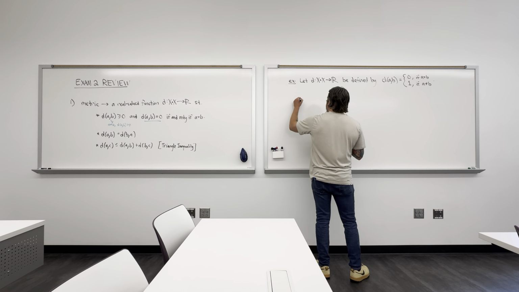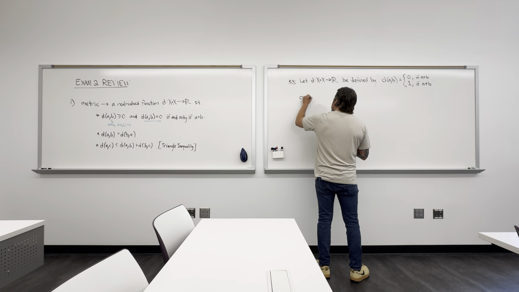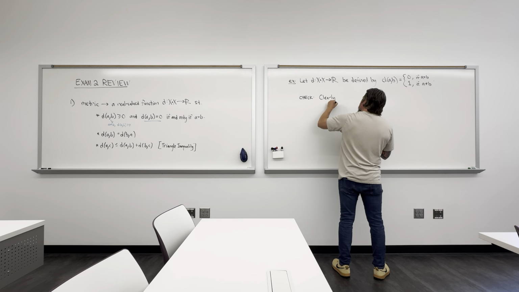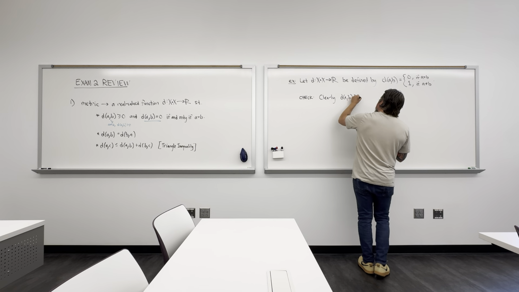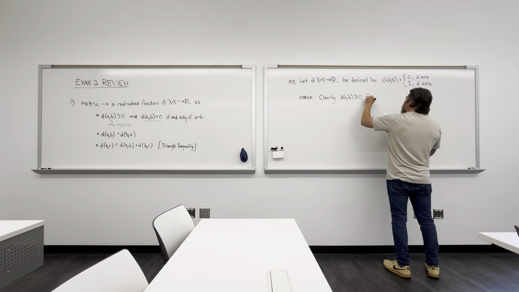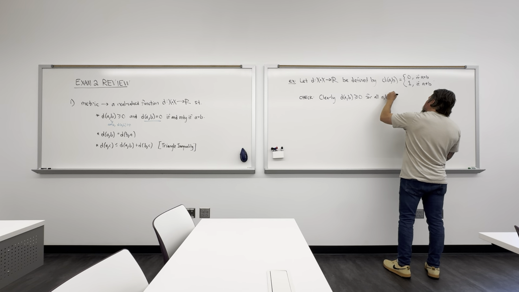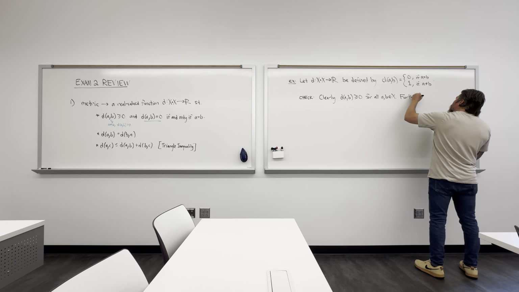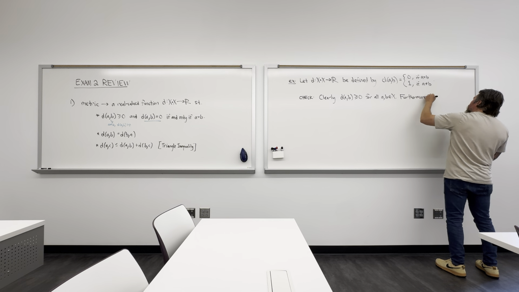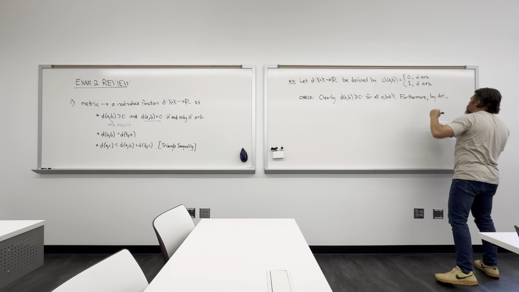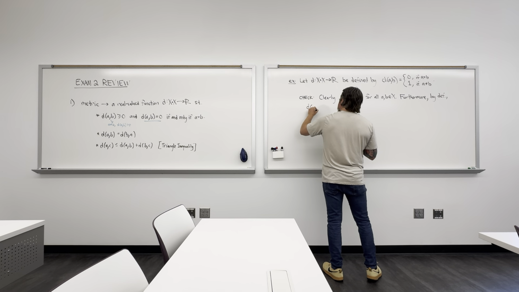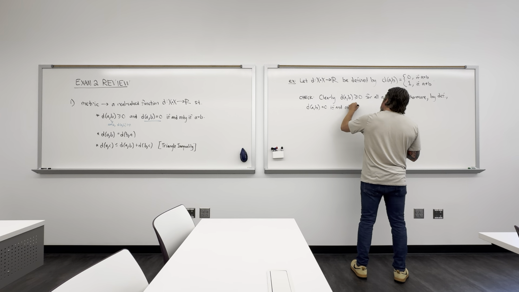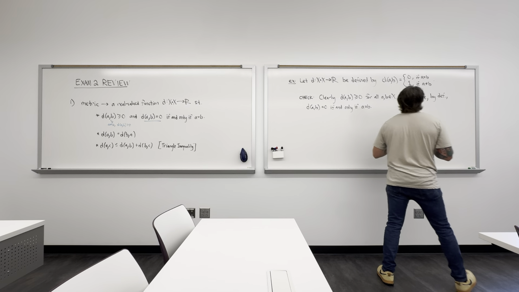So let's check. Clearly, it's non-negative for all points in X. Furthermore, by definition, D of AB equals 0 if and only if A equals B, right?